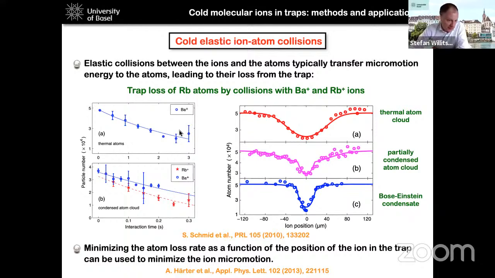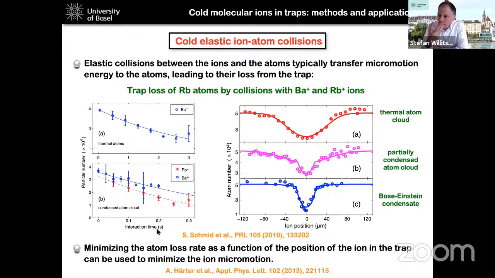And this is what they have been studying here. What we see here is the number of atoms that are held in a cloud of ultracold atoms that is superimposed with, in this case, a single barium ion.